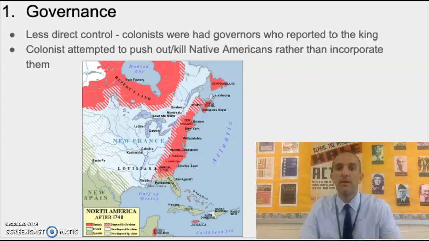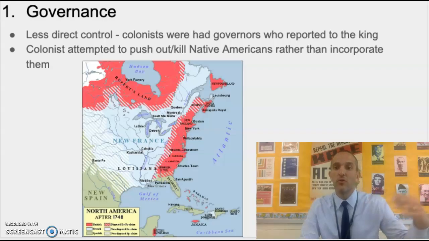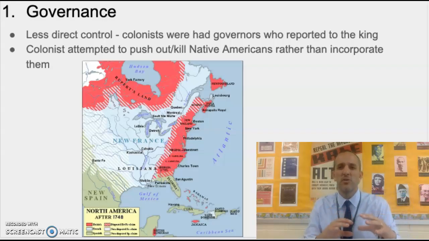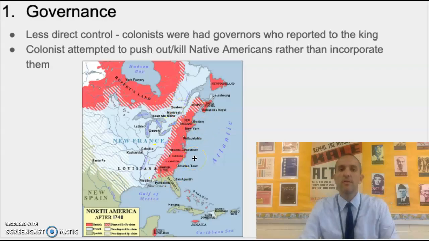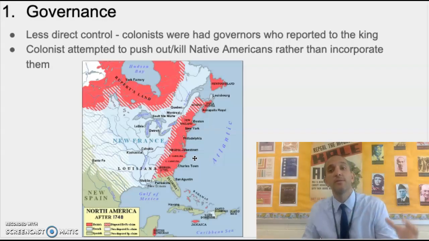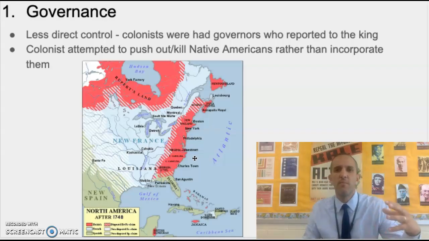So for example, in what's going to become known as the United States, there's 13 different colonies, and each of those colonies has their governor overseeing it. So much less centralized control. If this was Spain and Spanish America, there would be one governor or one viceroy over all of this, and we don't see that. So there's a lot more, I don't want to call it independence, but different government structures that exist throughout. They're very similar because they can't go against what the king says, but they really have their own structure.